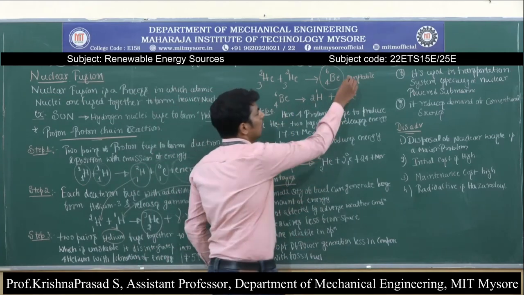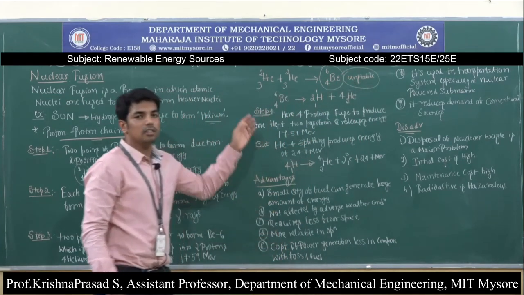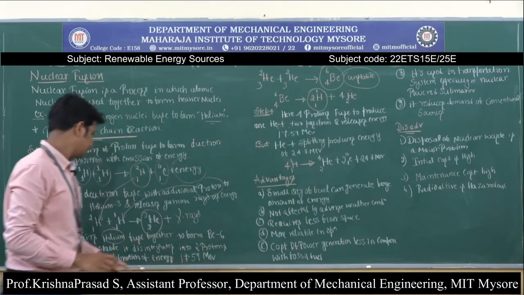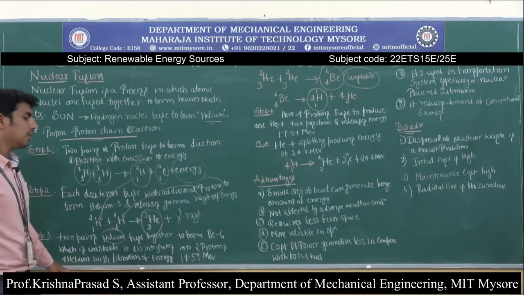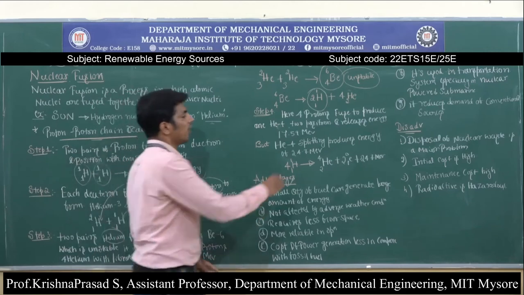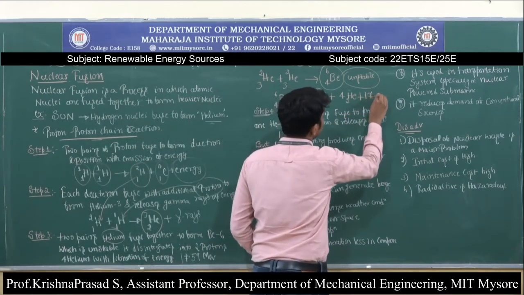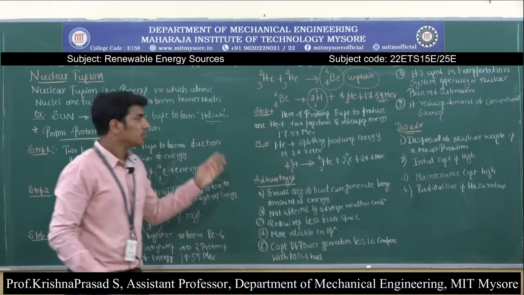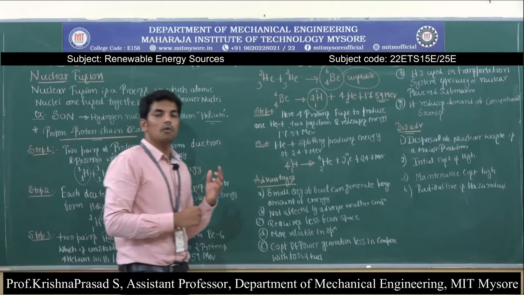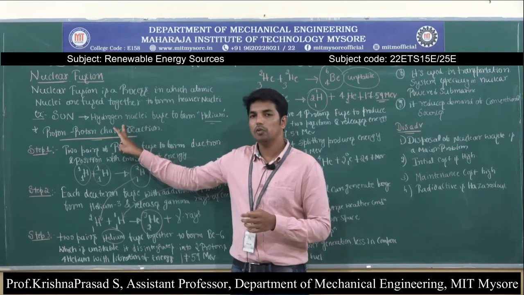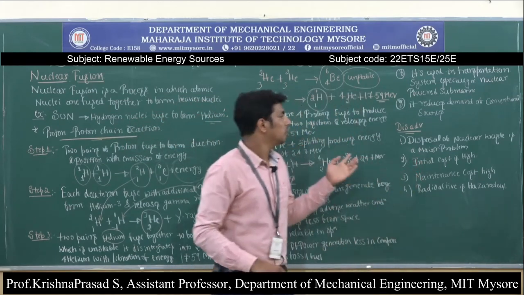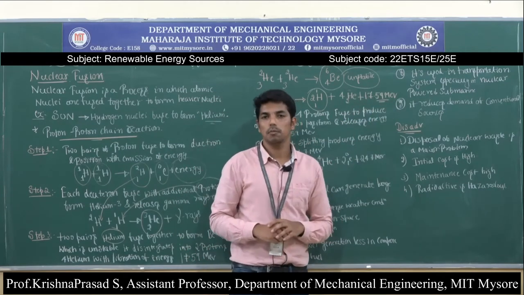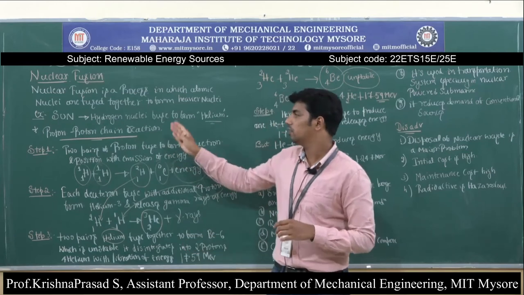But this beryllium is unstable, and it will disintegrate into 4 helium as well as protons, with the liberation of energy, which is around 17.59 mega electron volts. So this is the fusion of hydrogen into helium along with the liberation of energy in the form of 17.59 mega electron volts. This is what happens in the case of the sun.